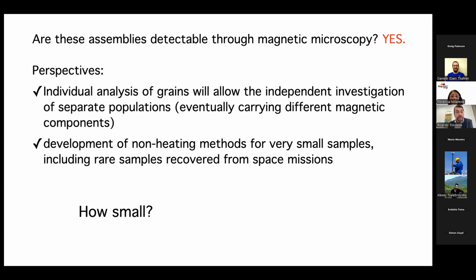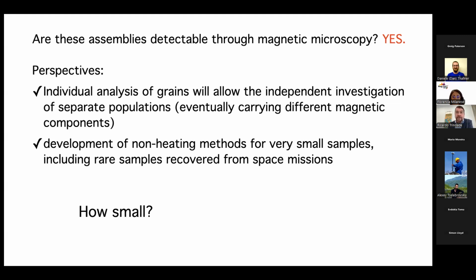And this is also very important because we are now going to study very special and small samples that are supposed to be recovered in space missions, but also from other kinds of expeditions and missions.